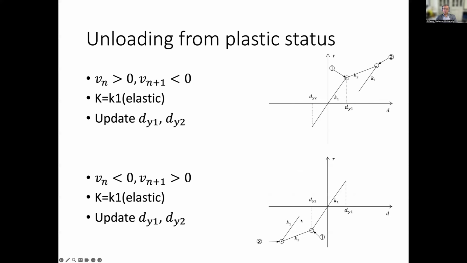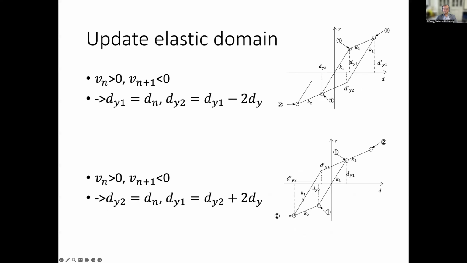Same once we load here, we check dy1, dy2. So how do we change dy1? If we are loading in the positive direction and unloading to the negative direction, like this figure shows, we are here and going to here. In this domain we still keep the elastic, but from here it will be yielding. Before, the yielding point was here, dy2, Fi. Now we change to here. So how do we decide?